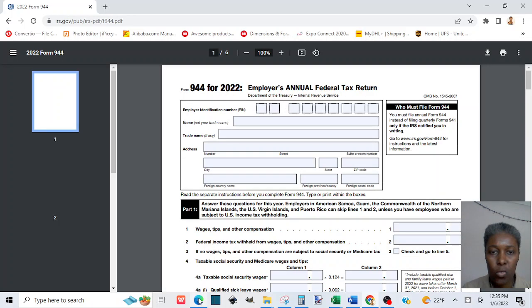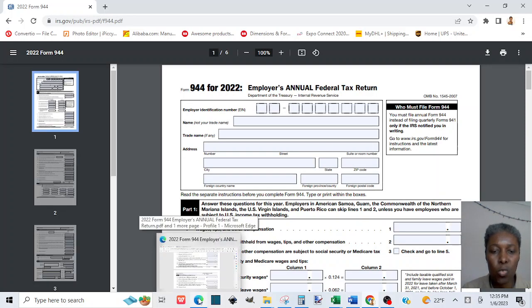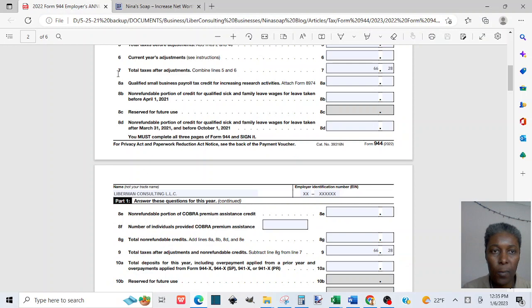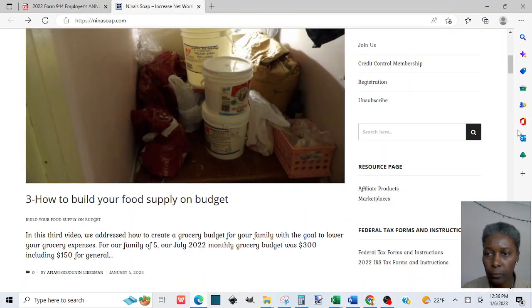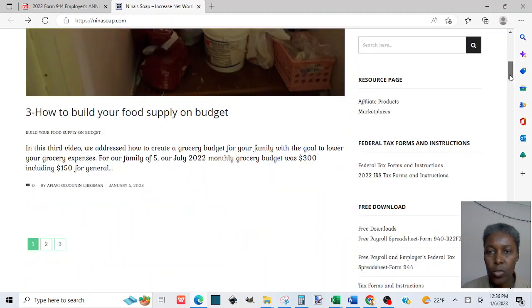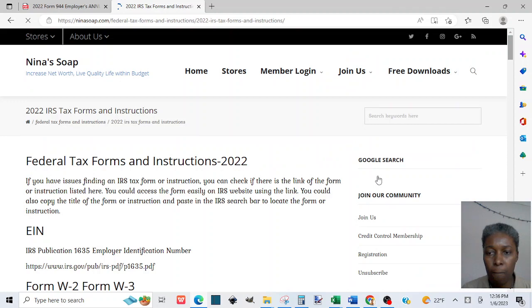And if you want to download a form and you don't know where to locate the form, you can go to our blog ninasoap.com. It will be in the description, and in the sidebar you'll find a section for federal tax forms.